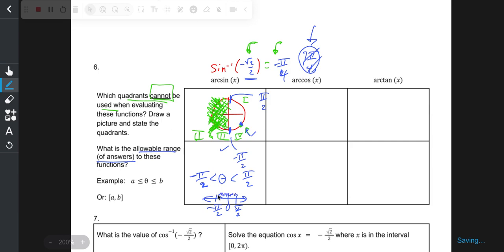You're only allowed to name angles that are in between these two values. 7 pi over 4 is coterminal with this. It's the same angle, but that's not the answer when you're using an inverse function like this.